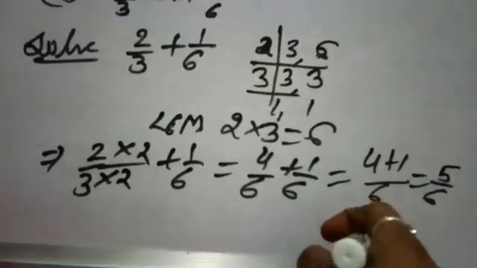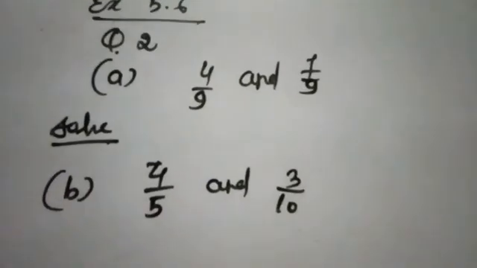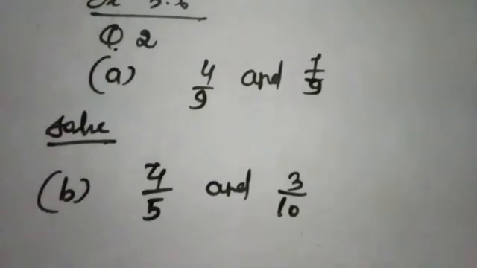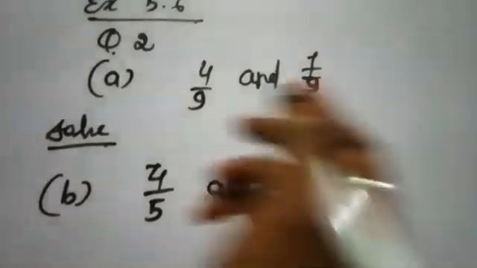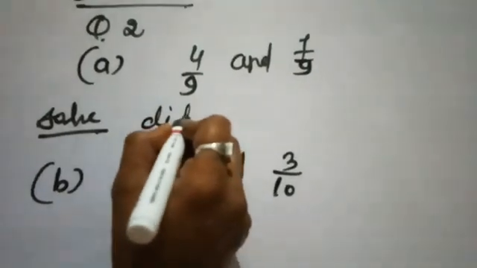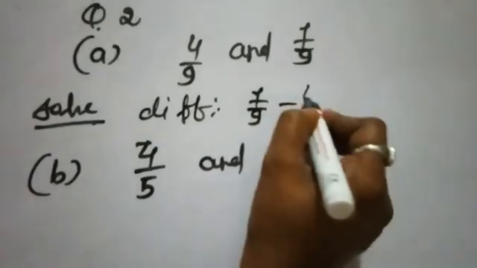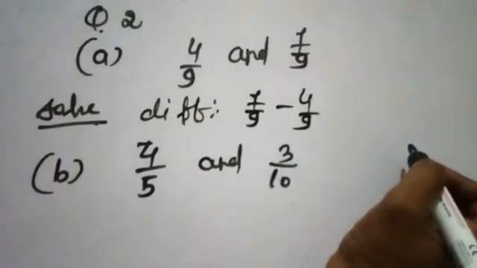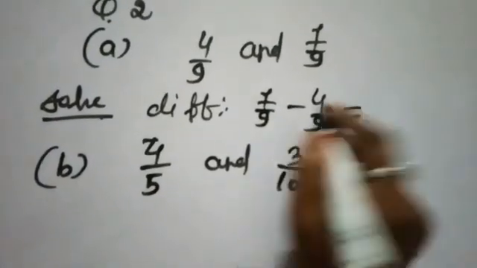Now come to the question number 2, first A part. Dear student, this is our question number 2 and we have to find out the difference between the following. Difference means here we have to find out the subtraction of the numbers. Difference means the second one minus the first one. So 7 upon 9 minus 4 upon 9.